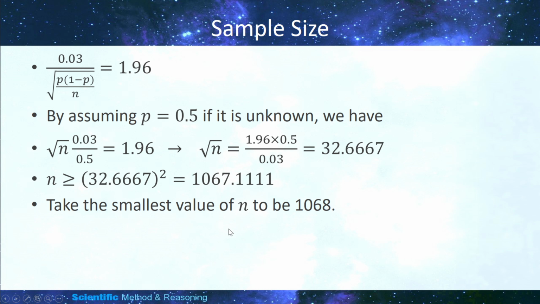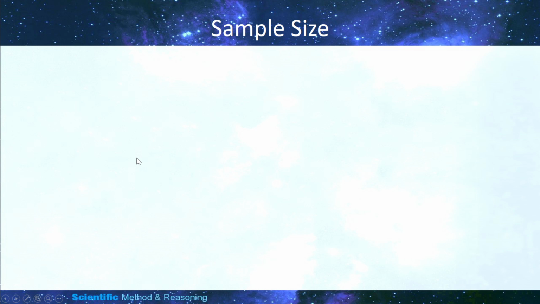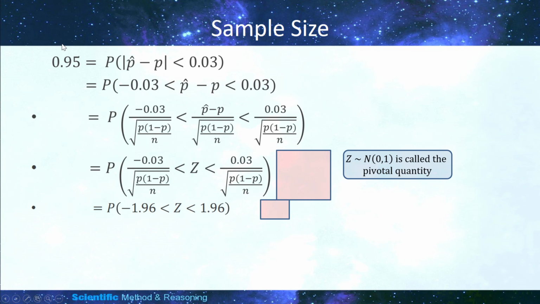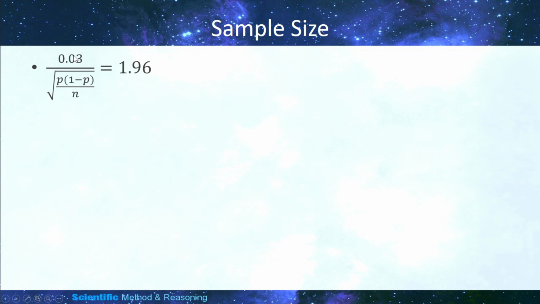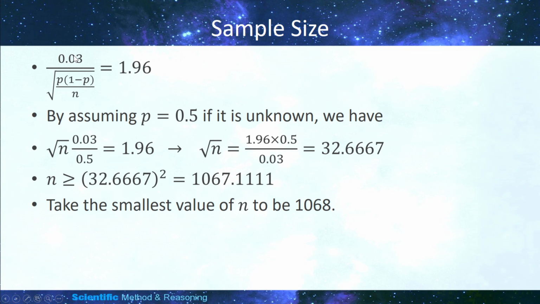The smallest value of n required is about 1068, so that the maximum error will be below 0.03, with a high probability content of 0.95. That is how we determine the sample size for estimating the population proportion.